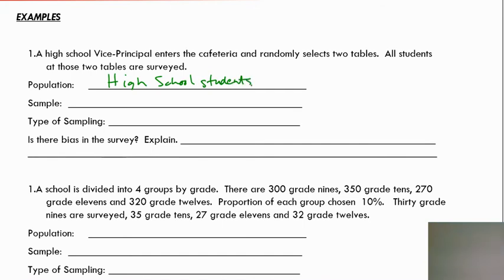What is the sample? Well, you can kind of get it here. People at selected tables. Only at the selected tables.